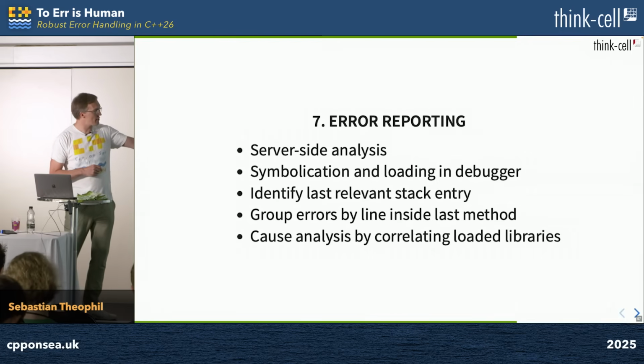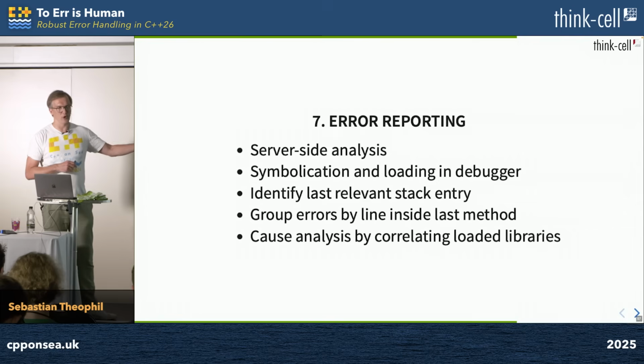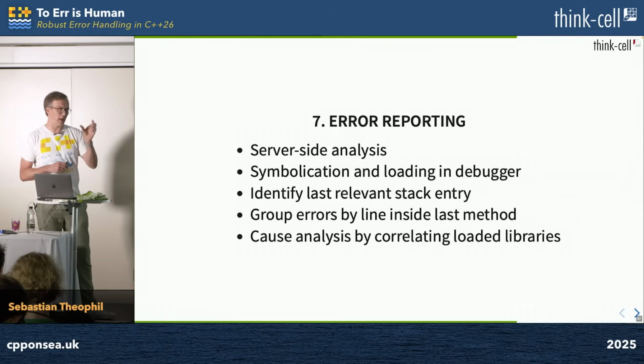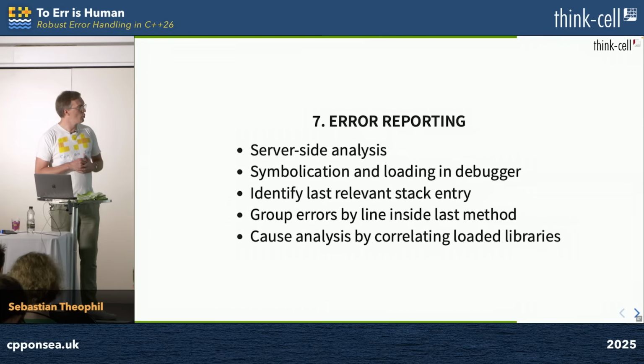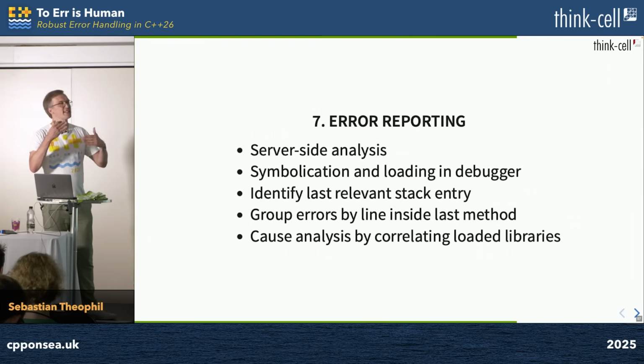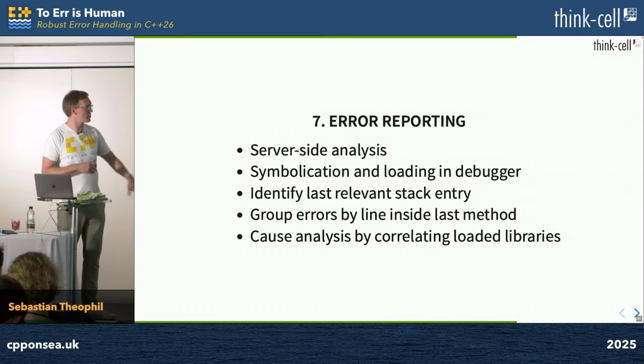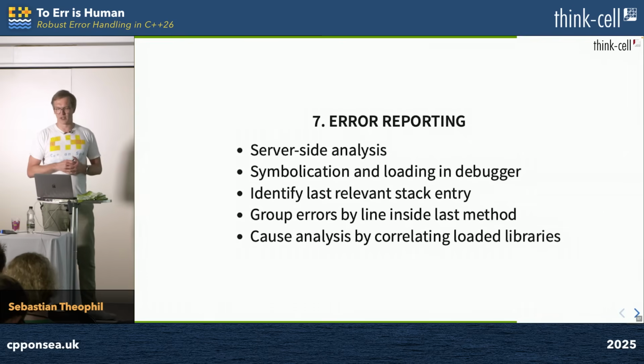So that's what we group errors by, because we don't care what error occurred. We just want to know which line in our code has the problem. And then last but not least, we even do some statistical analysis of whether we have other libraries loaded that might correlate with the bug that we're seeing here. So we're trying to find out if somebody else is to blame for this weird behavior we see.